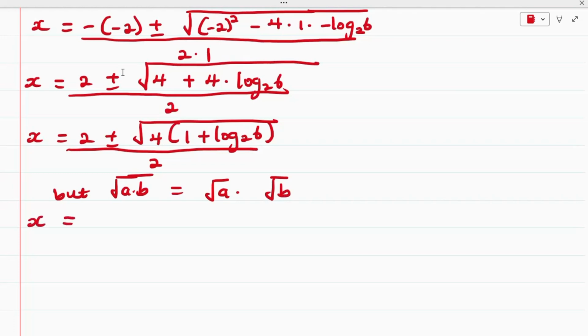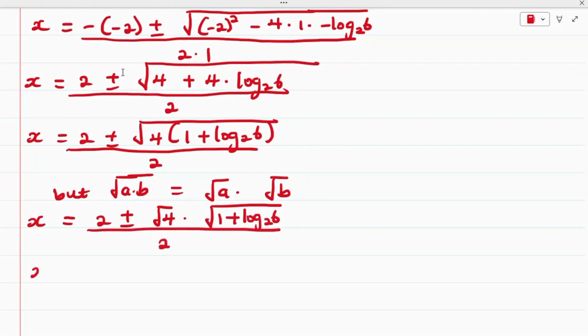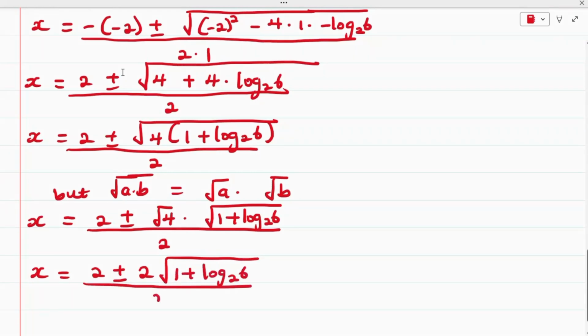So x equals 2 plus or minus the square root of 4 times the square root of 1 plus log 6 base 2, divided by 2. So x equals 2 plus or minus 2 times the square root of 1 plus log 6 base 2, divided by 2.